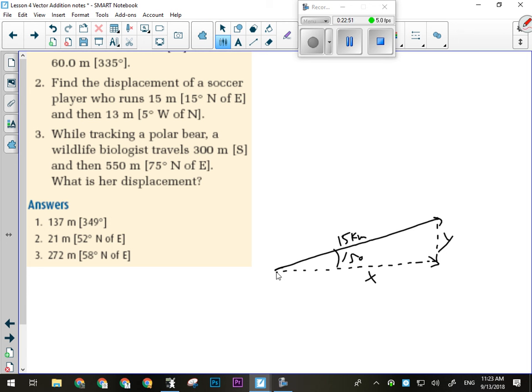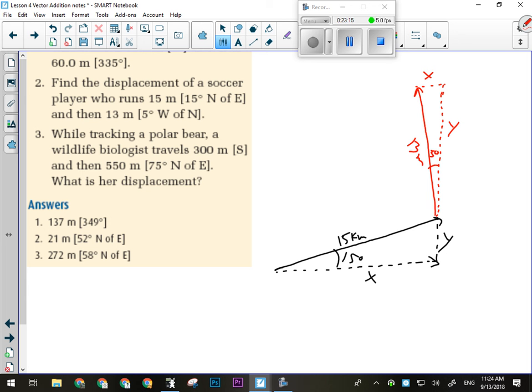My next vector is 13 meters, 5 degrees west of north. So I'm going to draw myself a reference line that's north, and I'm only going to go 5 degrees west of it. So here will be x, here will be y, this is 13 meters, and this is 5 degrees in there.